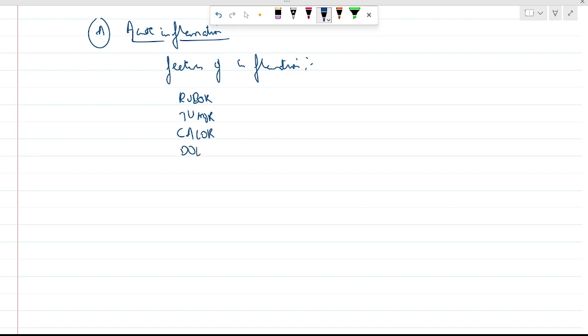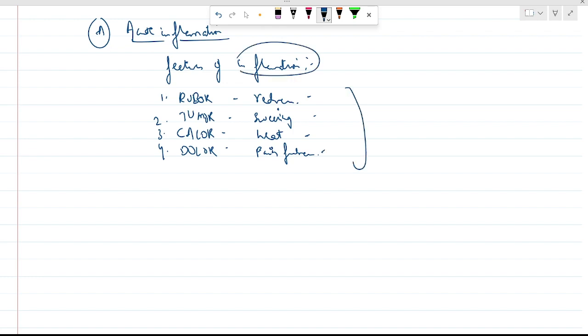Fourth one is dolor. Rubor, R for red, means redness. Tumor means swelling, generalized swelling. Calor, from calorie, is for heat. And dolor is for painfulness.